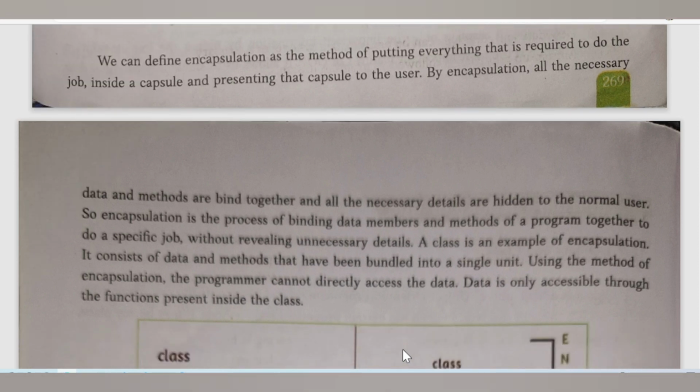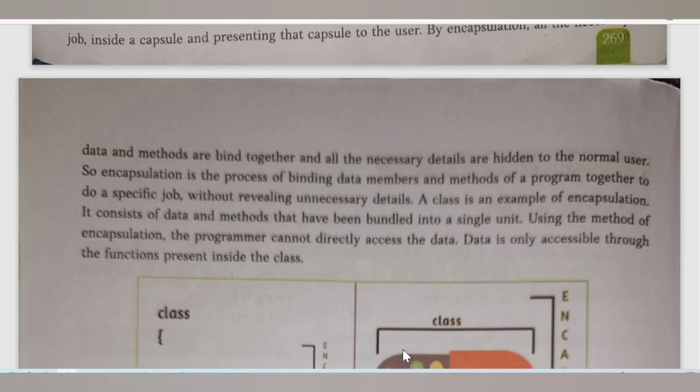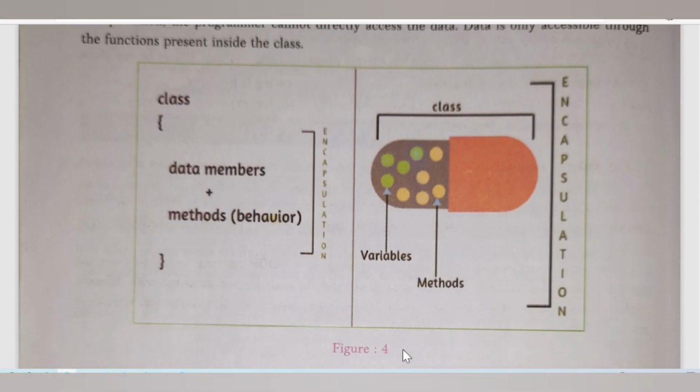As a similar example, in the electric board, we don't directly connect the wires to turn on the light. We just press the switch, then the light gets on. In a similar way, in encapsulation, we don't have direct access to the data. We can access the data only through functions present inside a class.